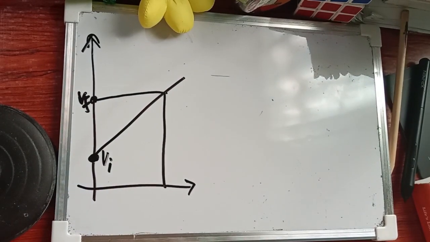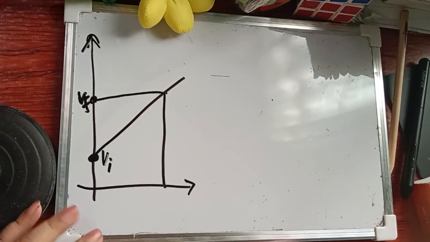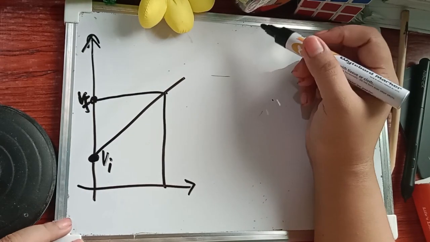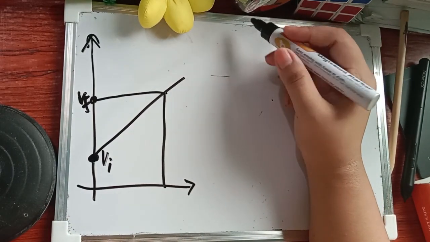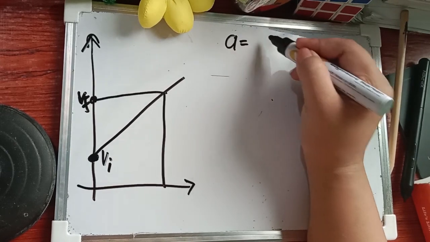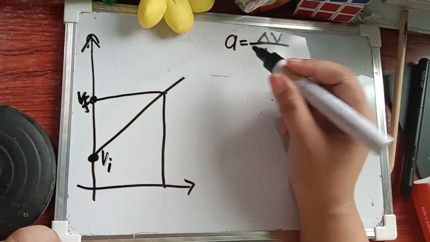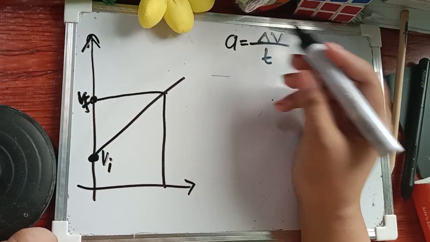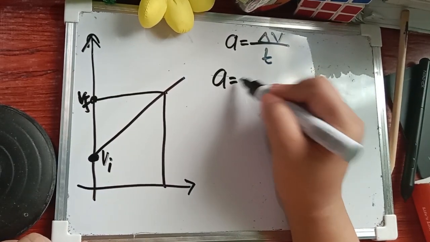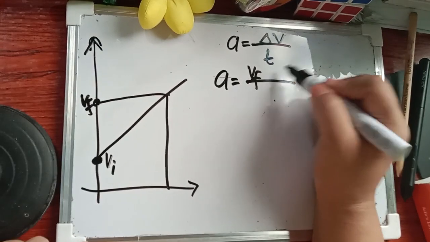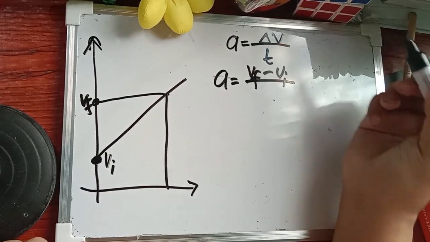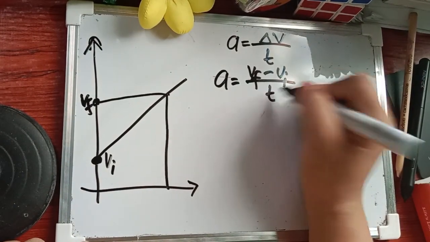Now let us derive the first equation. The first equation is getting the velocity. In order for us to do that, we have to manipulate the equation for acceleration, which is a equals delta v, the rate of change in velocity over time. Expanding that, a equals v sub f, or final velocity, minus initial velocity over time.